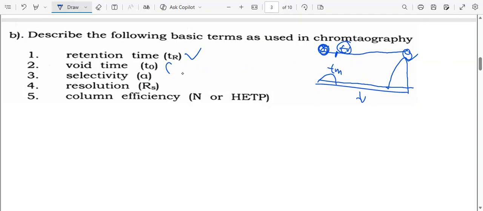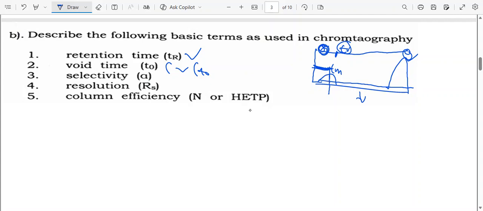Now let's talk about void time. What is this void time? Void time, or T0, is the time taken by an unretained compound to pass through the column. This is what I can call a void time. The compound from here to there is not retained.